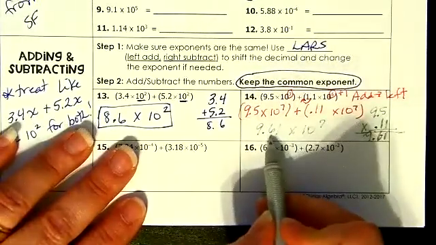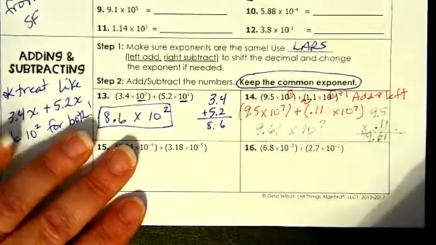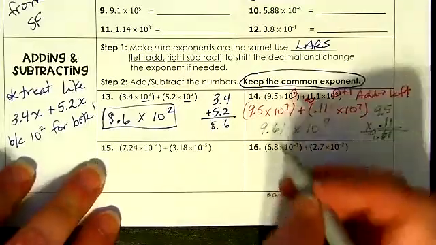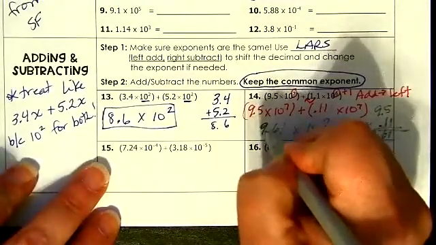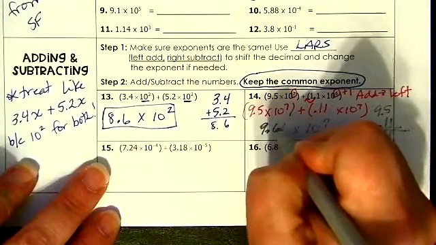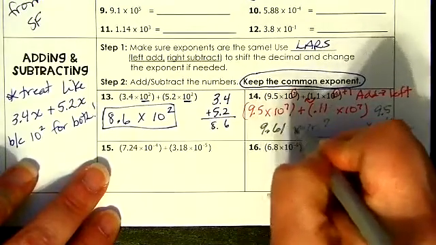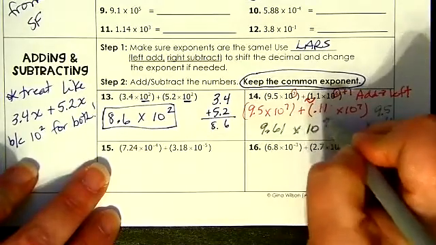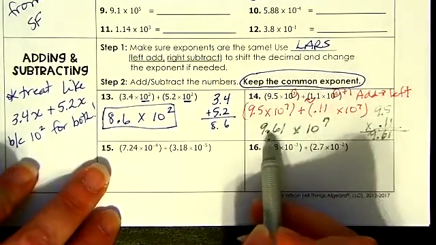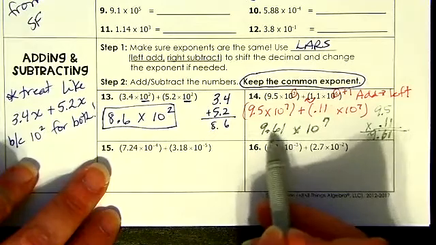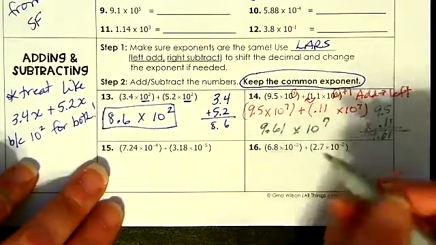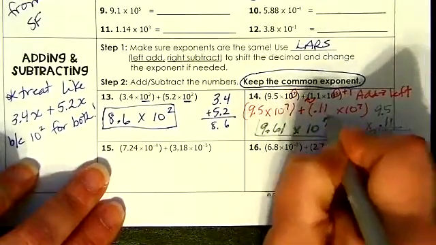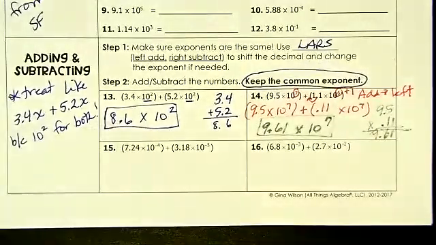And I always want to check to make sure this is correct scientific notation when you get to this point, because you may have to move it around. This is correct because there's only one digit in front of the decimal. So this is my final answer.